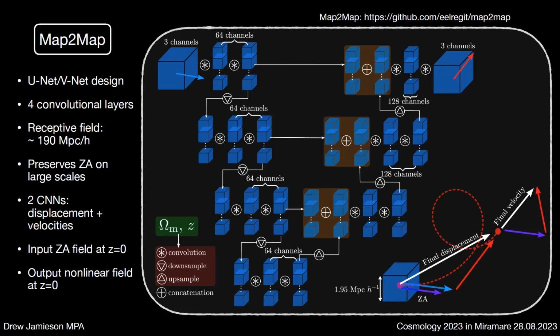And what you're trying to learn is essentially, if this is the Zeldovich approximation for the field initially, and this is its final displacement after n-body evolution, you're trying to learn these residuals between linear theory and the nonlinear evolution.